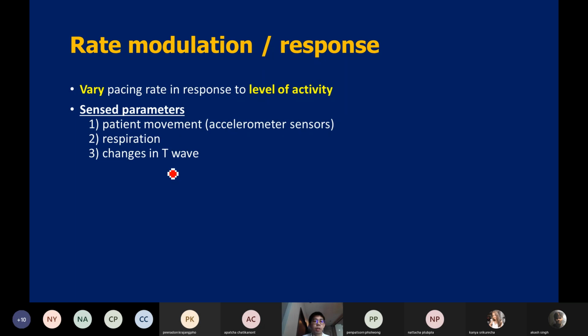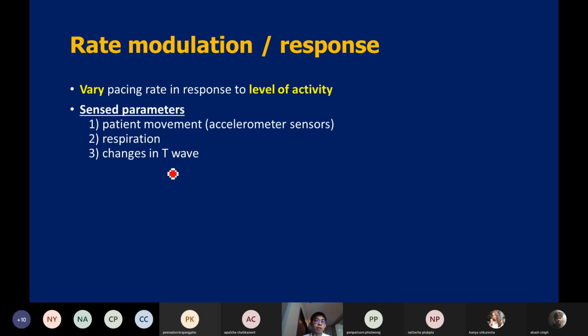Also, there is a parameter that measures the change in the T wave in the intracardiac electrogram of the pacemaker. If the P wave has changed its morphology, the pacemaker would pace faster or slower.